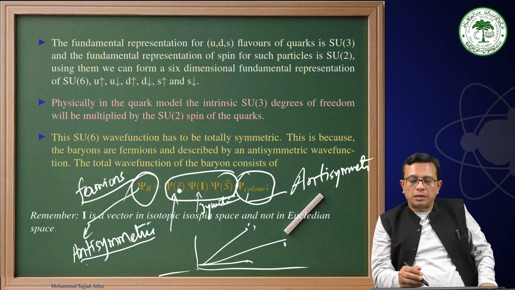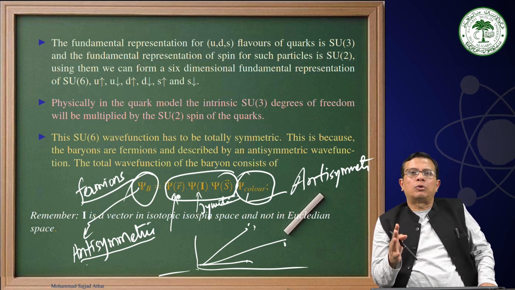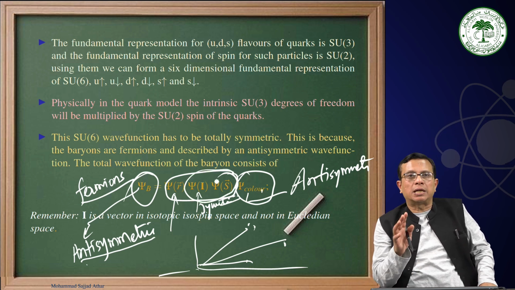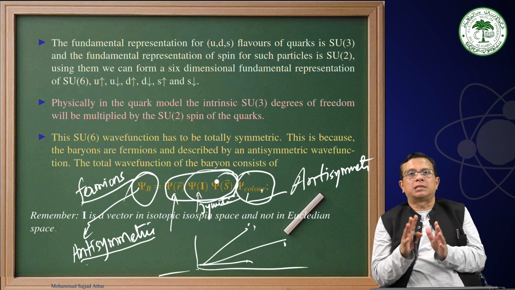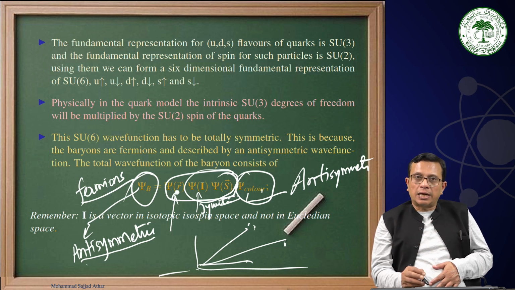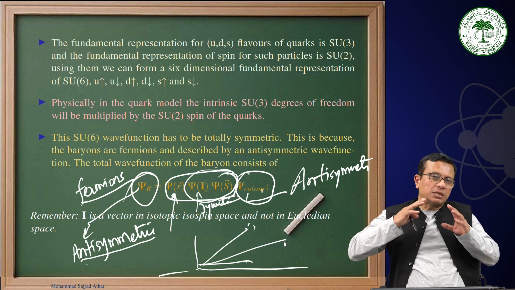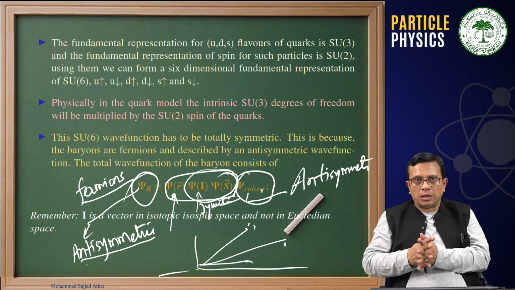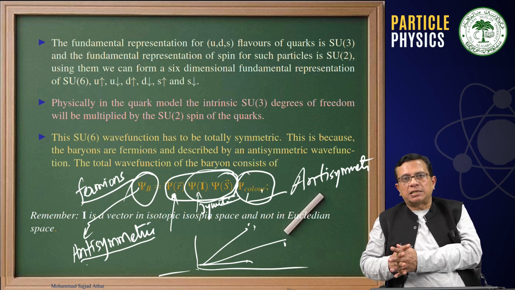This is the localization of quarks, which is symmetric. This is antisymmetric. Therefore, these two together should be antisymmetric. The wave function describing the localization of the quarks is symmetric. The color wave function is antisymmetric.